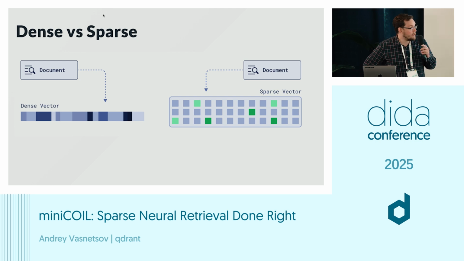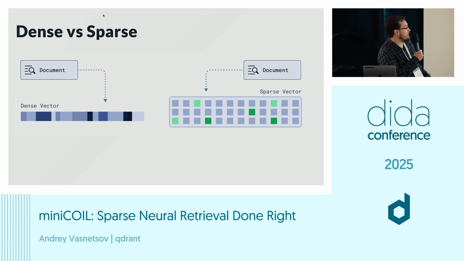So I was promised that it will be a technical audience here, so I expect that you already know what vector embeddings are. If you do not know what it is, please feel free to ask me later on the backstage. I'm happy to talk with you about it. But in general, the idea is that there are two different kinds of embeddings which exist inside this vector space community.